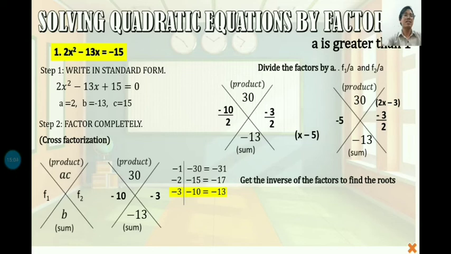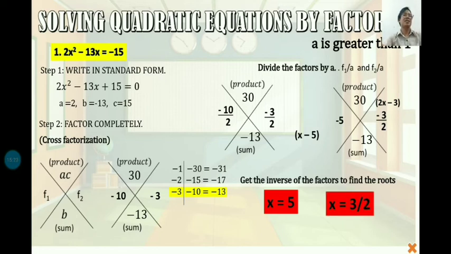Since the factors are negative 5 and negative 3 over 2, x is the inverse of the factor negative 5, which is positive 5, and the inverse of the factor negative 3 halves is positive 3 halves. That's it. So the correct roots that we are looking for are 5 and 3 halves. Did you get it? Yes. Okay. Now, let us check our answers.